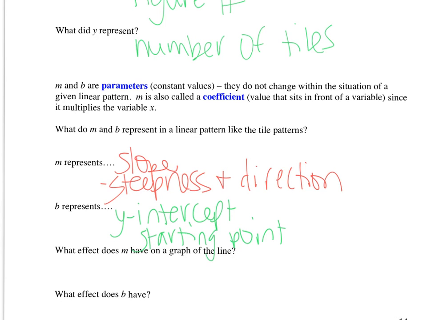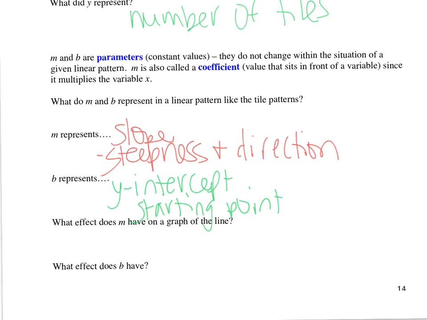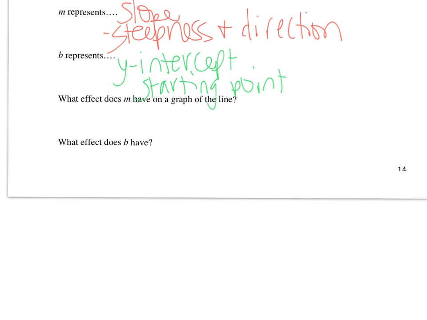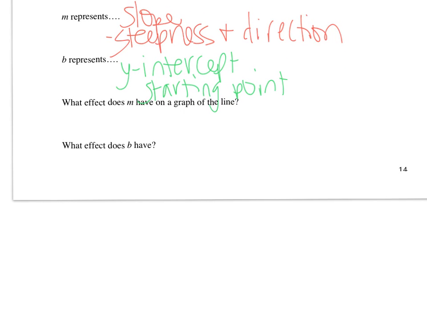So what effect does the m have on the graph of the line? What about the b? So the m, which we actually just said, is going to tell us about the steepness and the direction. I'm just going to draw an arrow because I just wrote that down. And then the b, that's going to be our starting point, our y value, where it's going to cross the y-axis.